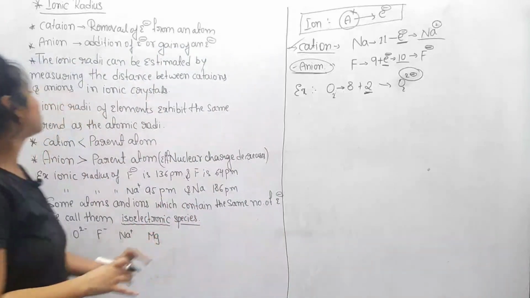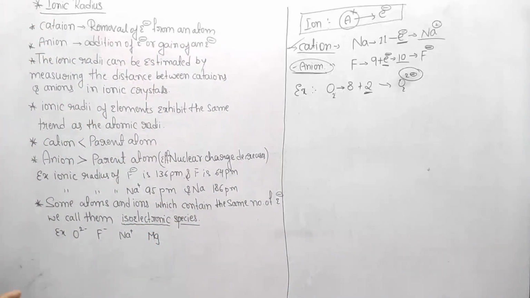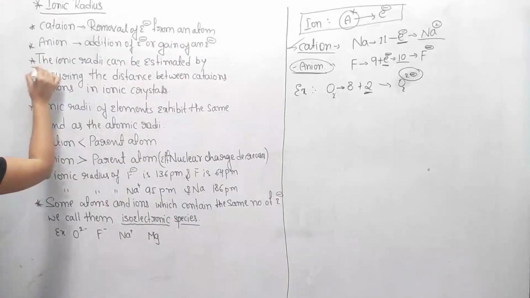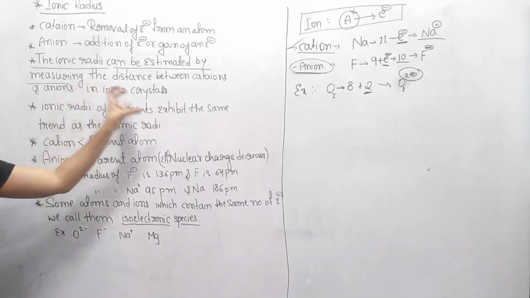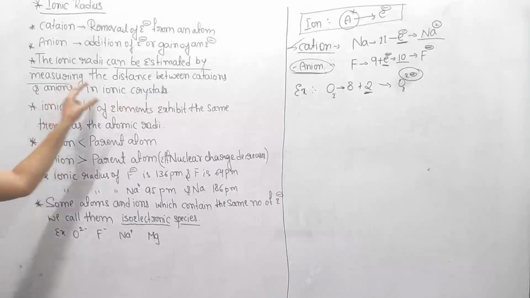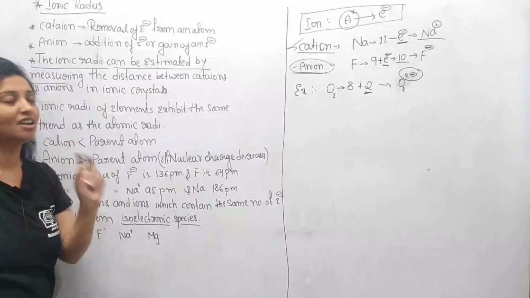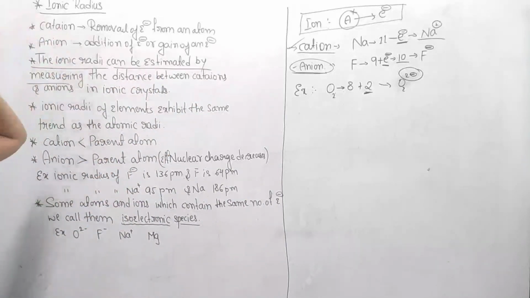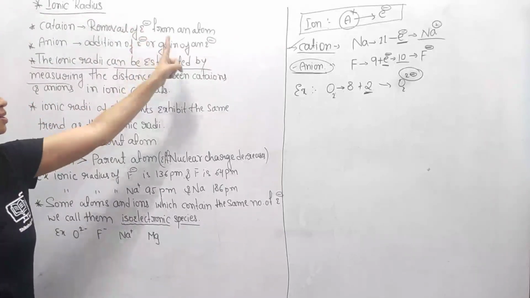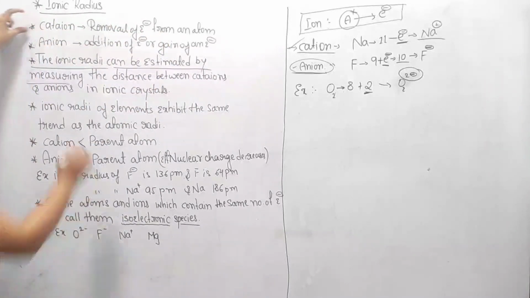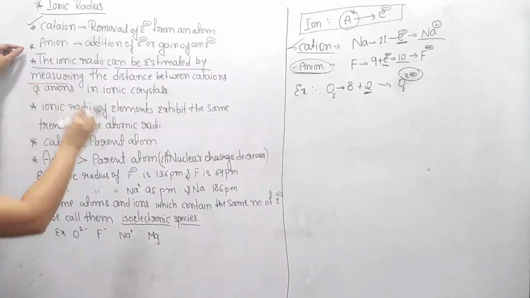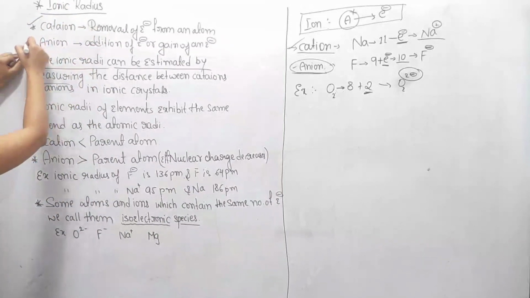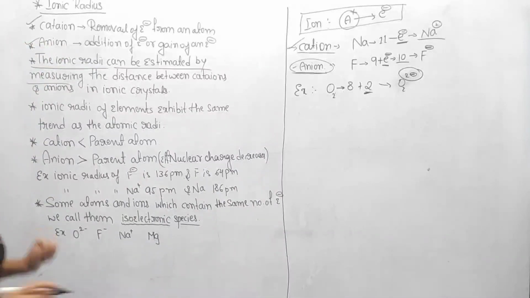And next we come to the point, ionic radius. The ionic radii can be estimated by measuring the distance between the cations and anions in ionic crystals. Already you know that when an electron is removed from the atom, cations are formed, and when electrons are added to the atom, it is called an anion.